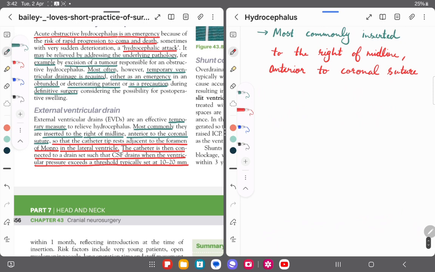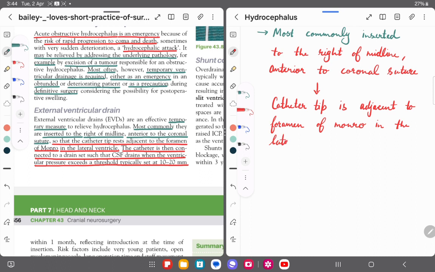And why is that? So that the catheter tip rests adjacent to foramen of Monro in lateral ventricle.